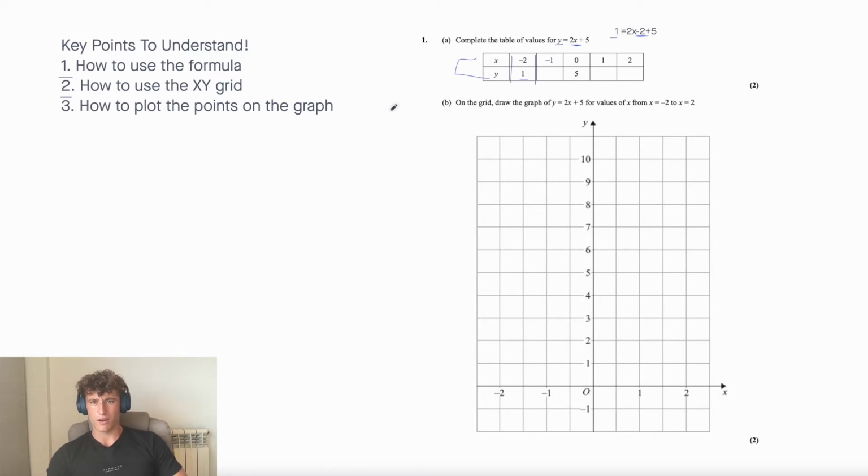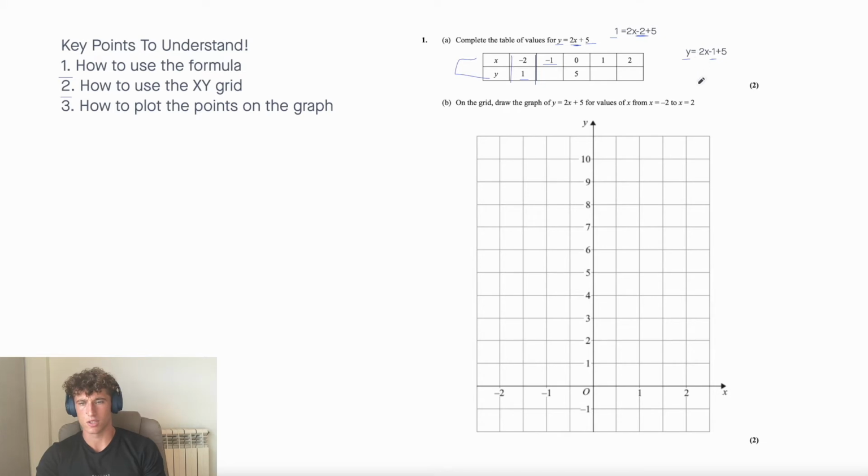What we now have though is a blank space here, here and here. So what we need to do is work out those values. And we do it exactly the same way by putting the x into the formula. So instead of the x here, we have minus 1. Here I've plugged in the minus 1 in place of the x. And the key thing to remember is the rest of the formula always stays the same. So we've still got the 2, then times the minus 1, and the 5 still the same, and the y.